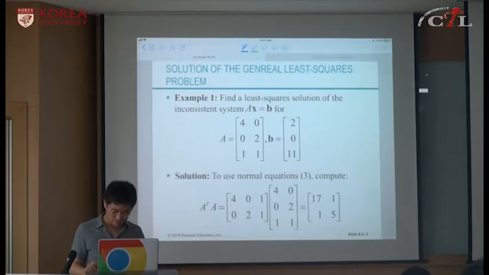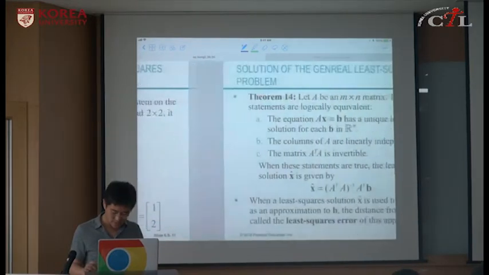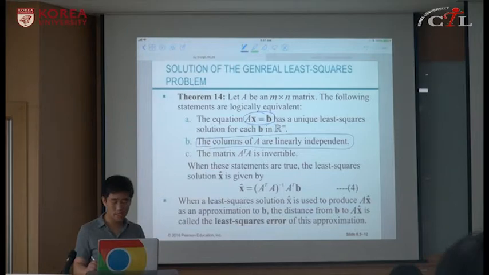Okay, so you can apply this normal equations in this equation, and then this one is probably the last part. So whether our least square solution is uniquely defined or not is basically the same as whether the columns of A are linearly independent.